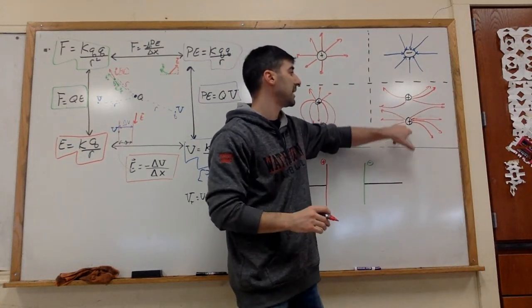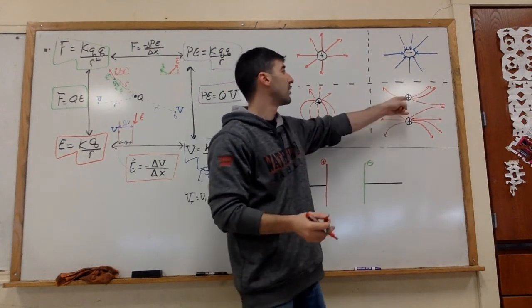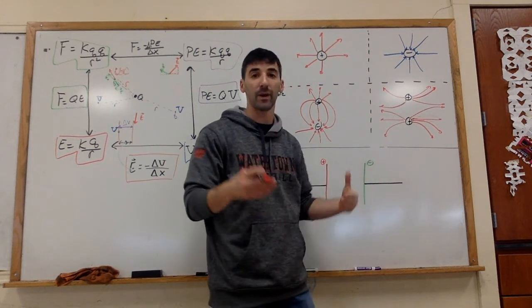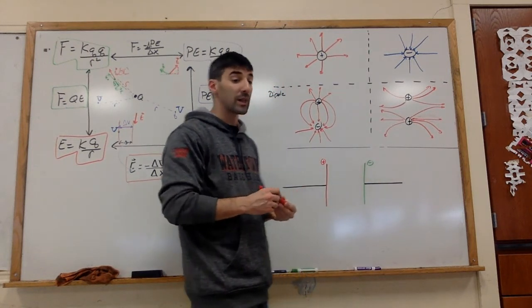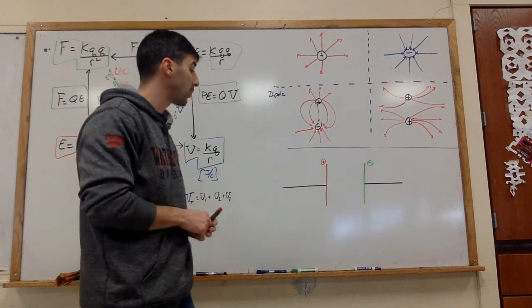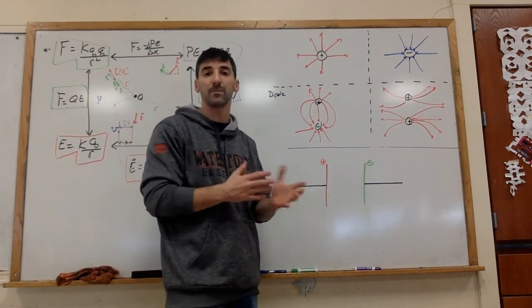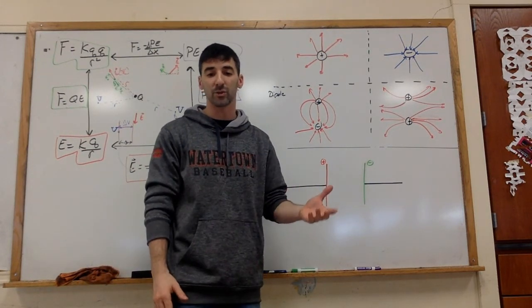If those two charges were negative, all of my arrowheads would be facing each other. So electric field lines are always pointing away or radially, depending on the way a positive test charge would go.